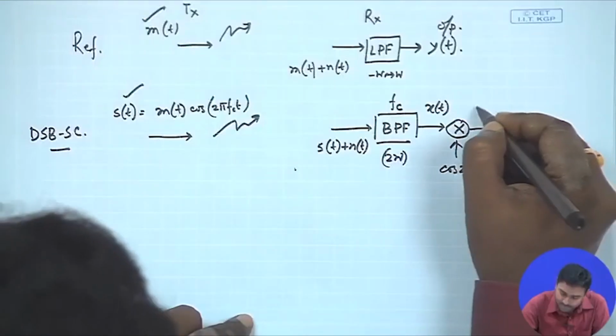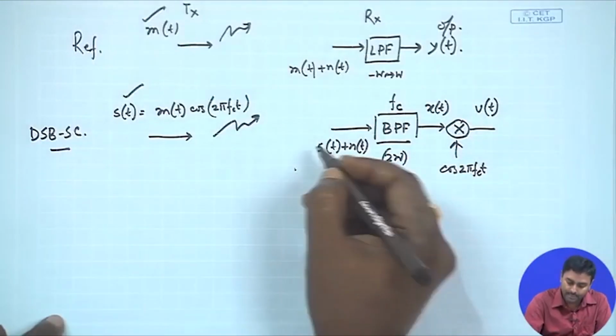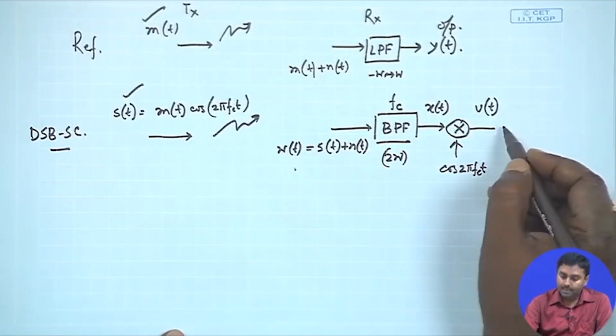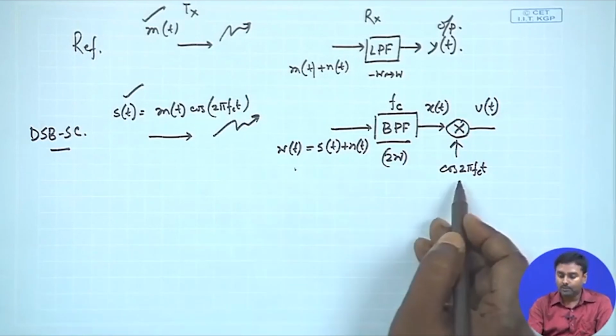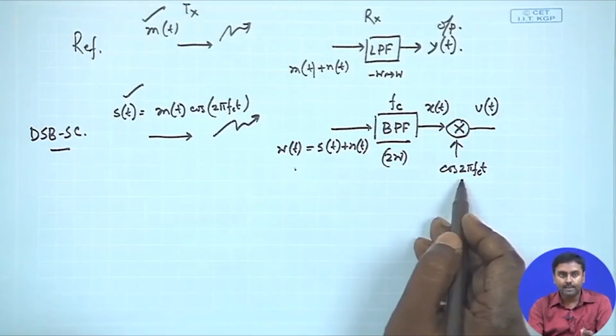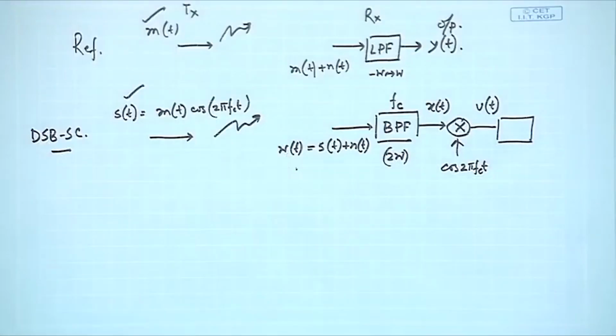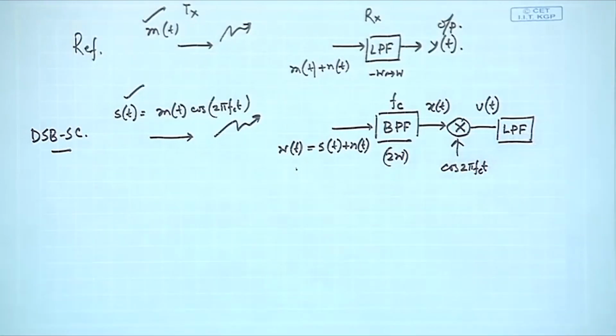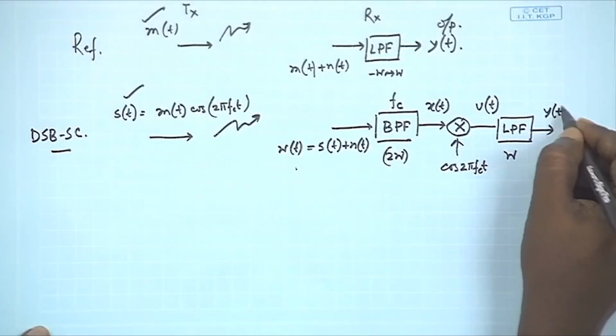With that I will get v(t), which we are calling w(t). Of course, whenever we multiply by cos 2 pi f_c t, a higher frequency term will be created, which we have to filter out. So, we will be putting a low pass filter, that is actually the overall DSB-SC demodulation. A low pass filter which has a bandwidth of W, and that must be my y(t) or output.